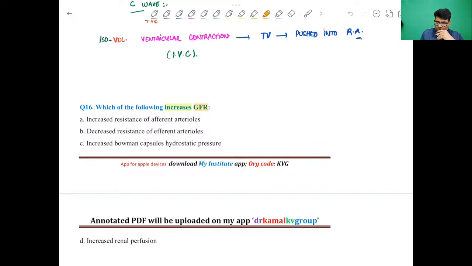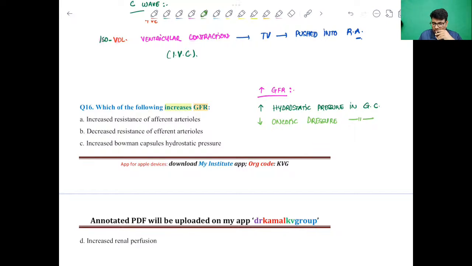Remember one gross rule: GFR will increase when there is an increase in hydrostatic pressure in glomerular capillaries, or when there is decreased oncotic pressure in glomerular capillaries.